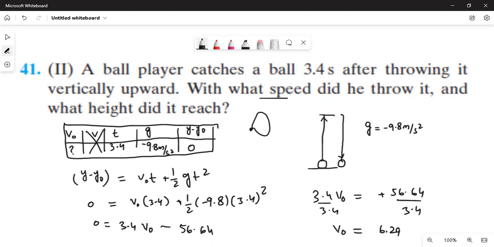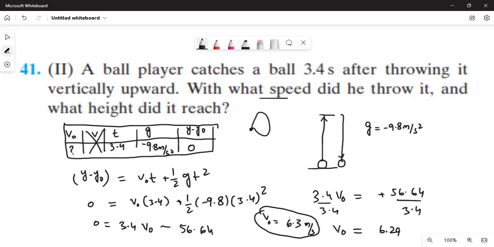So that is approximated to... 56.64 divided by 3.4 equals 16.66 actually. What is the answer? The answer is 16.65. So this answer is wrong. What is the answer of this term?